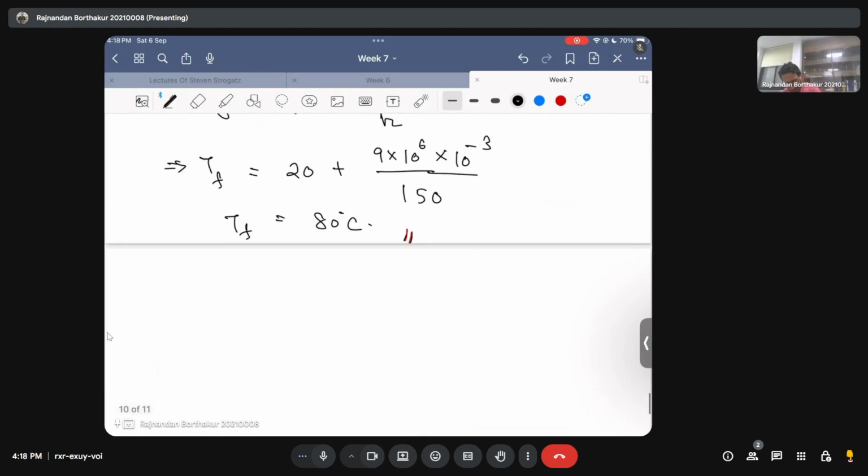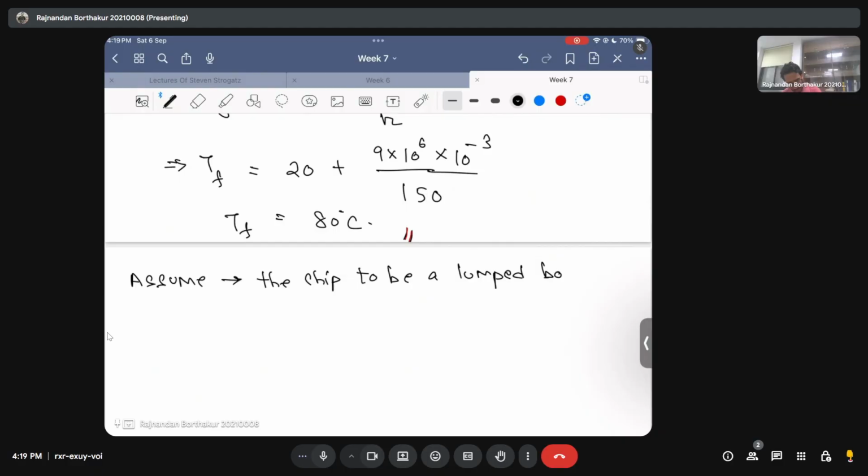So anyway, we will assume the chip to be a lumped body.